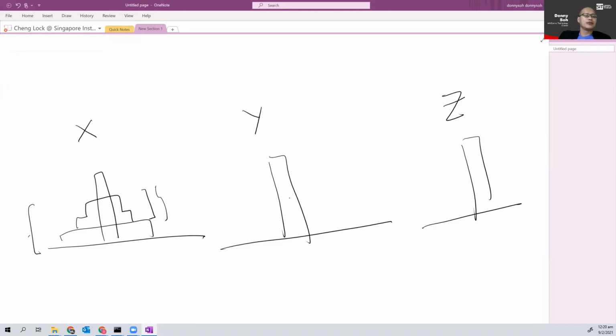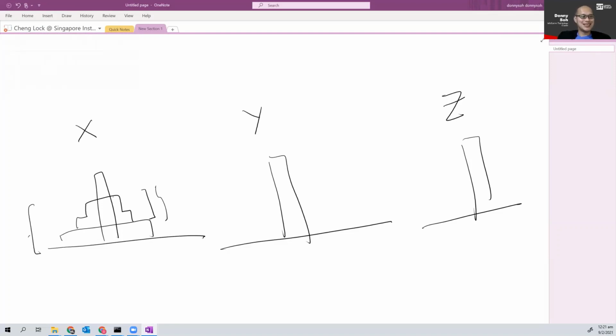Okay? So what I'm saying is that I want to shift this block to Z using the Y pole. Okay. Then after that, all the disks are at the Z. I will shift this to Y and then shift all the Z back to Y using the X pole. Okay.